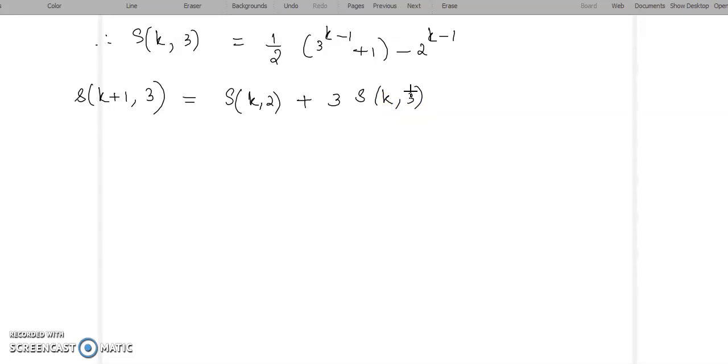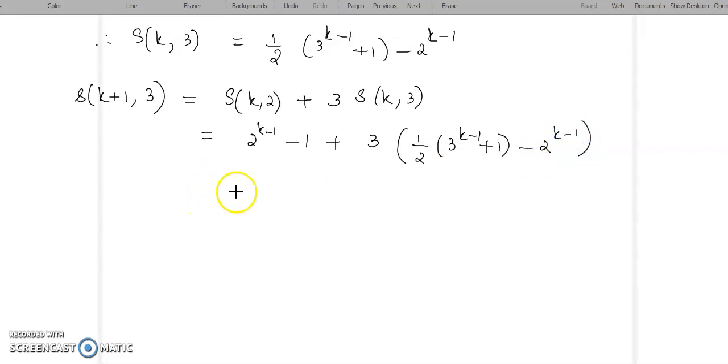Okay. Now this will be equal to S of k, 2, which we have shown in the earlier result as 2 raised to k minus 1 minus 1, plus 3 times S of k, 3. So that is 2 raised to k minus 1 minus 1 plus 1 by 2 into 3 multiplied by 3 raised to k minus 1 plus 1 minus 2 raised to k minus 1.